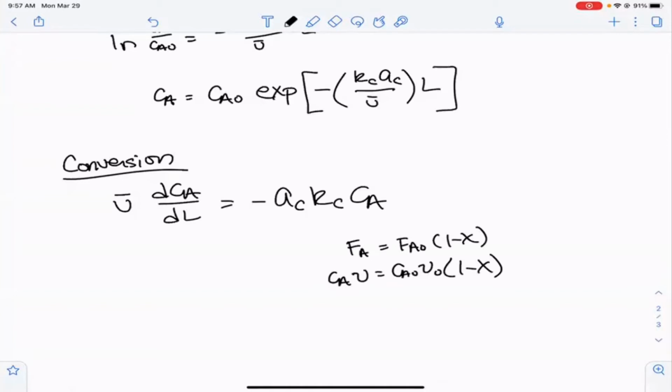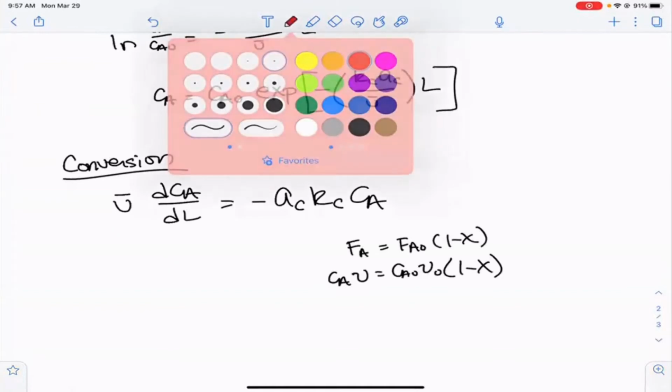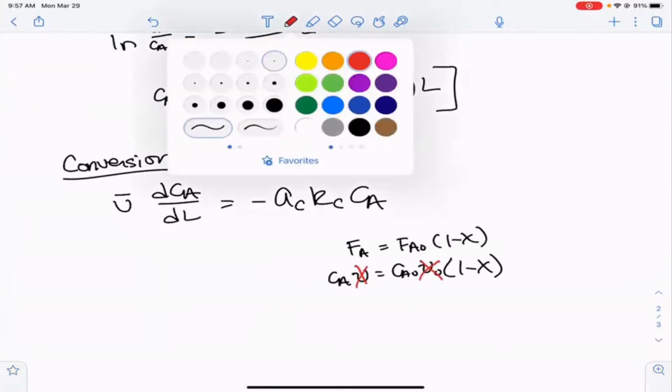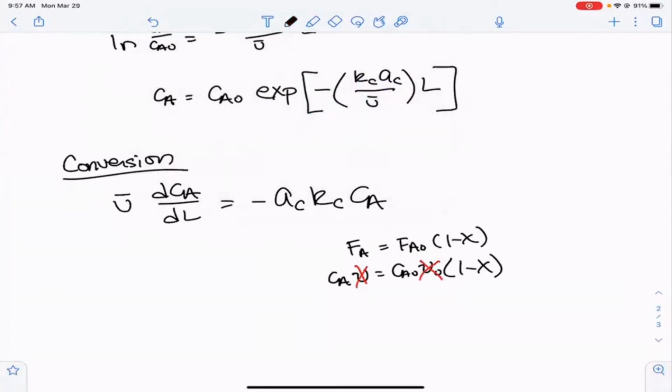And it's the velocities or the volumetric flow rates that actually bring us epsilon and all these other things. But remember, in this problem, because delta N was 0, or it's a liquid, the volumetric flow rates are equal. So Ca in this problem is just Ca0 times 1 minus x.